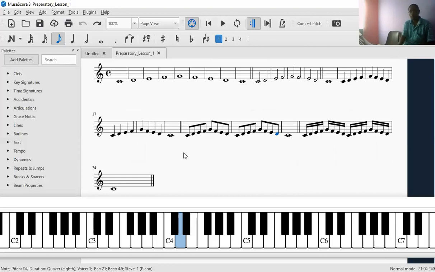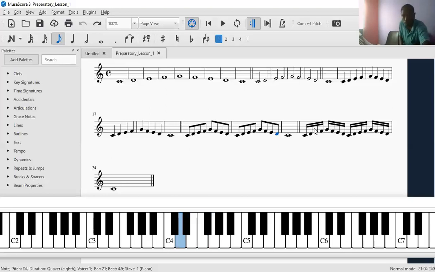1. Okay, let me start again. 1. So it's very fast. 1. Now there are 4 counts in the bar.